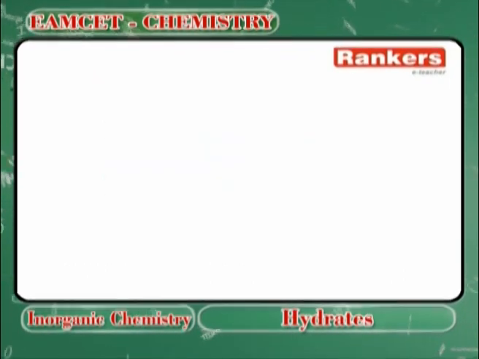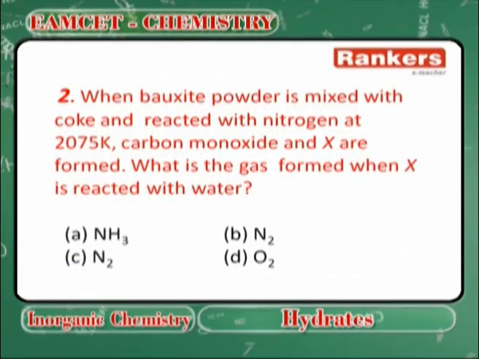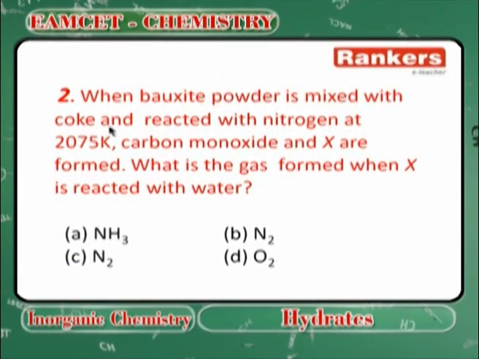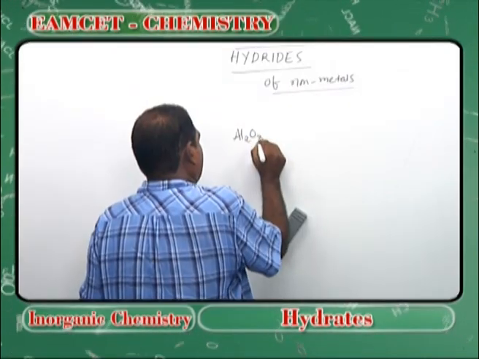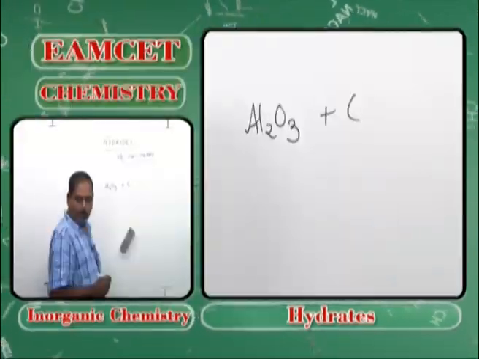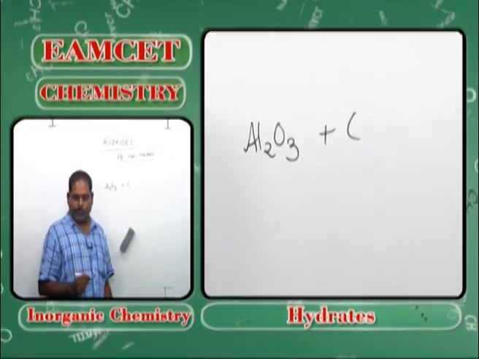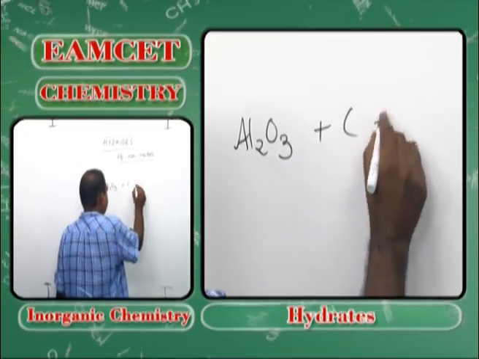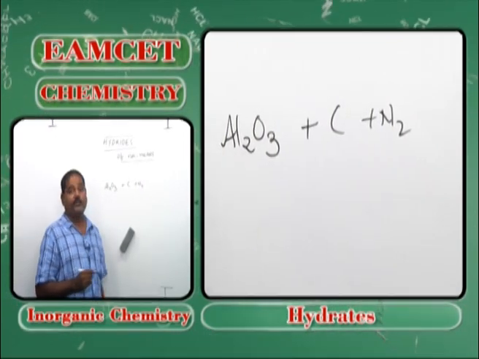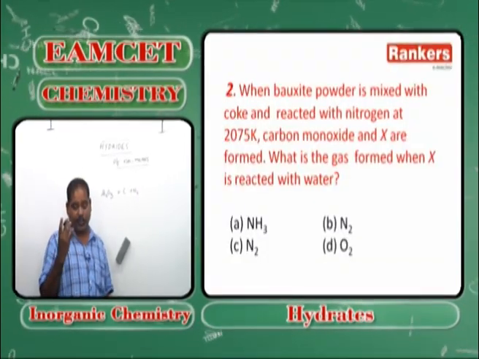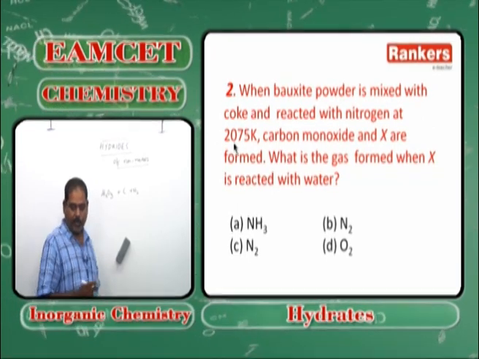Let us go to the second question. When bauxite powder is mixed with coke, what is bauxite? Al2O3. Coke, C, is mixed and reacted with nitrogen at 2075 Kelvin. Look at the temperature, almost 1800 degrees centigrade.